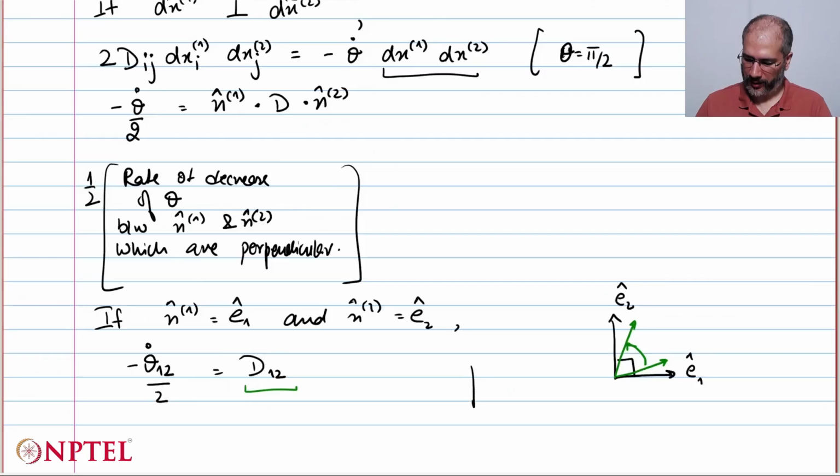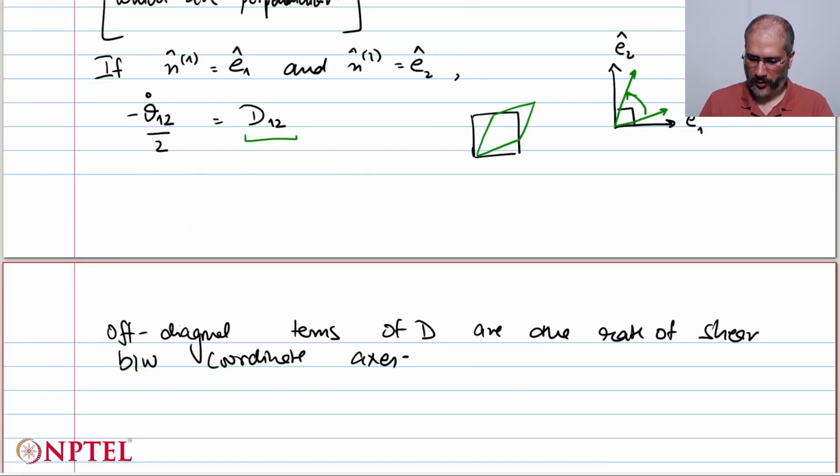So an element like this is becoming something like this. So it seems to be shearing continuously. That is, the angle is continuously decreasing. So I can summarize that the off diagonal terms of D are the rate of shear between the coordinate axes. So this completes the interpretation of the diagonal as well as the off diagonal terms of D.